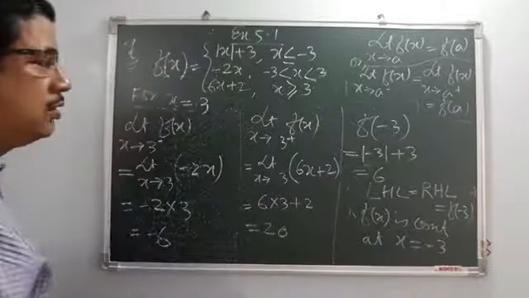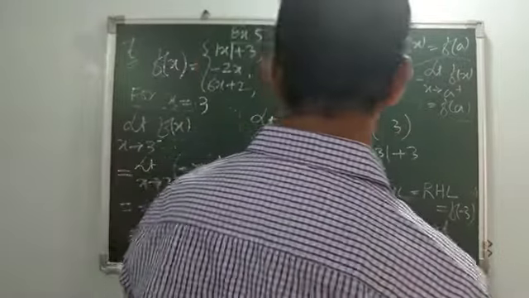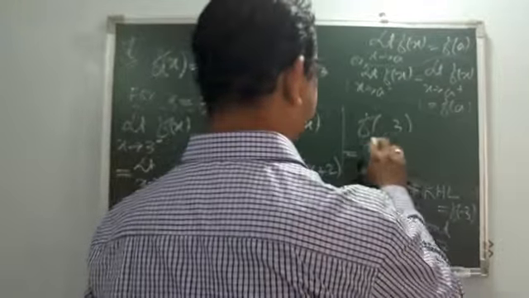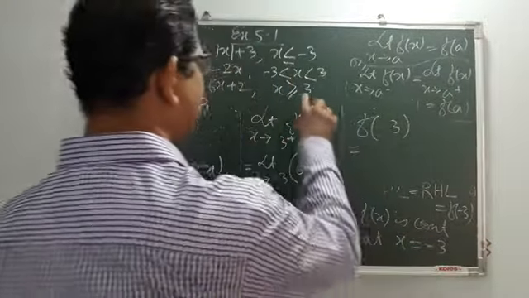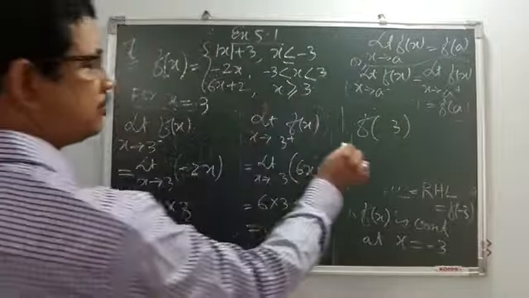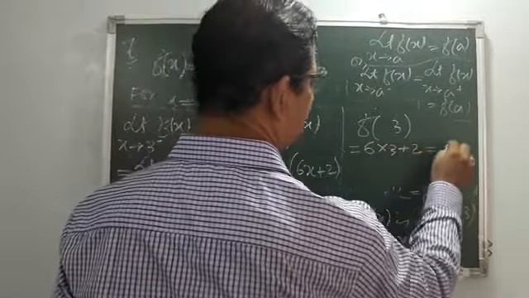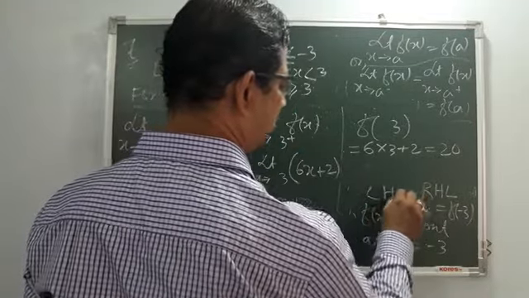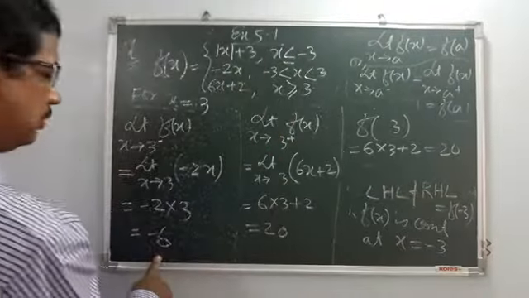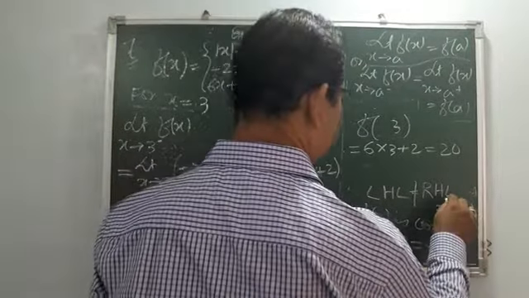So LHL and RHL are not equal. For x equal to 3, we get 6 into 3 plus 2, that is 20. So here LHL is not equal to RHL. LHL and RHL are not equal, and not equal to 20 also.